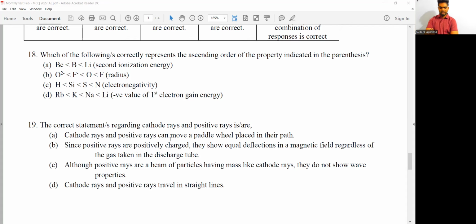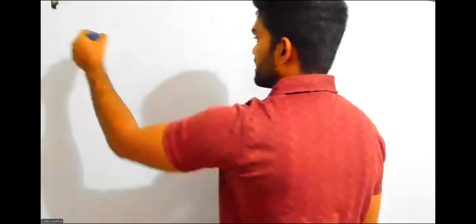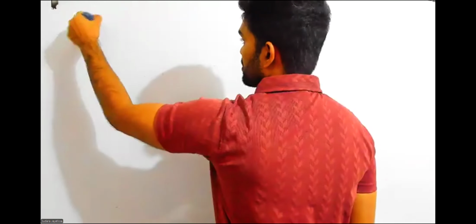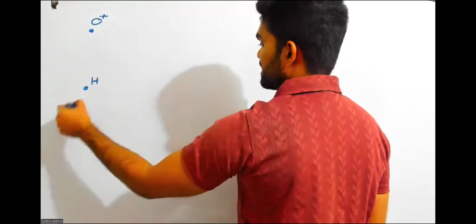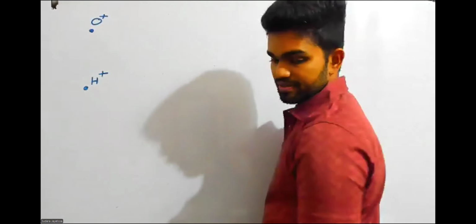If it is oxygen gas in the tube, it may be O+, O2+, like that. So you can obviously see H+ and O+ have different masses. Here O+ is heavy, and here H+ is lighter.